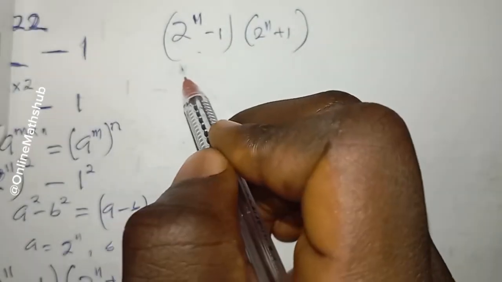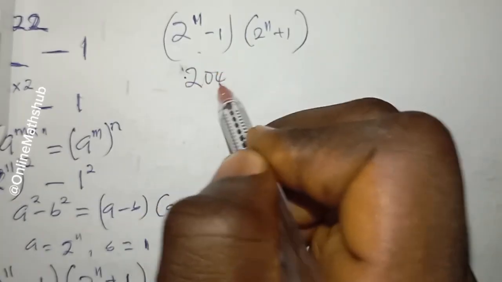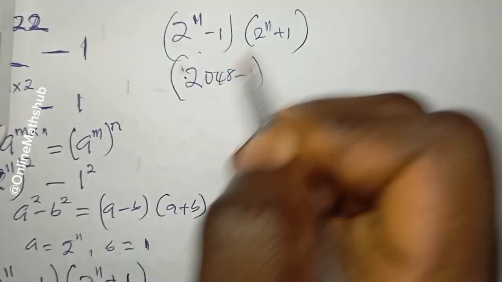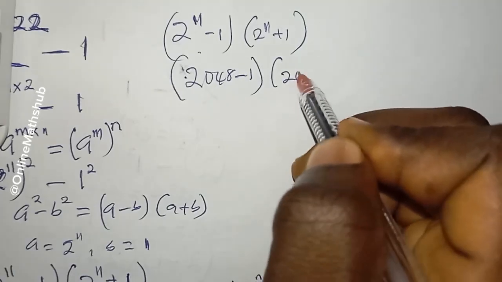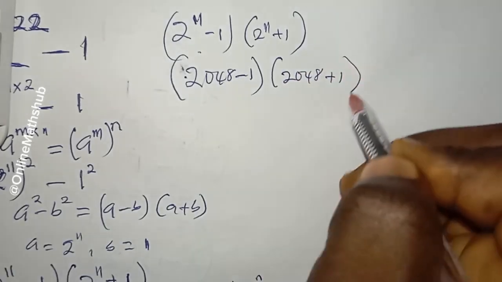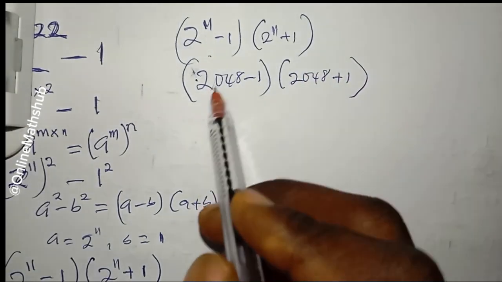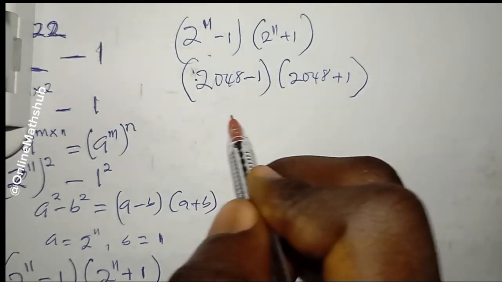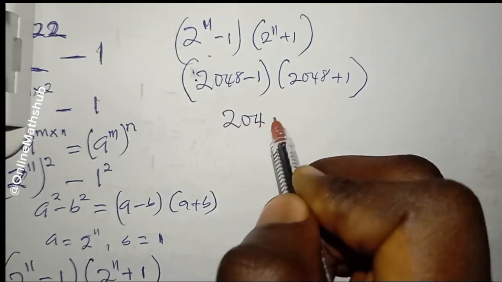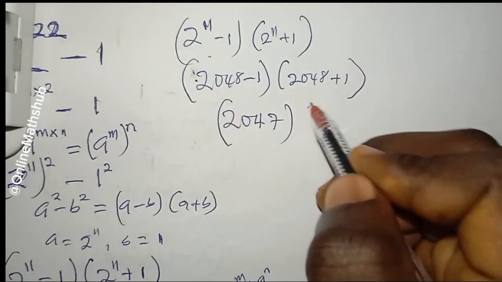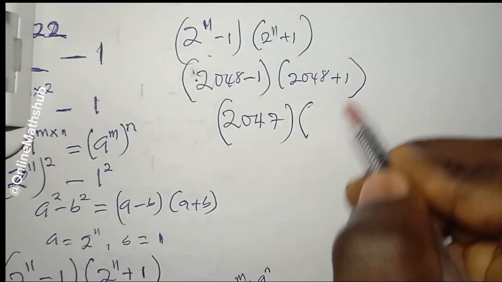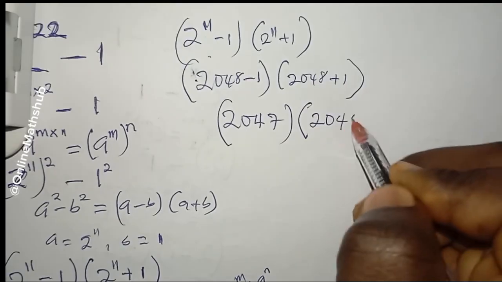So we've got 2 power 11 as 2048 minus 1 and then multiply by 2048 plus 1. 2048 minus 1 will give us 2047, and 2048 plus 1 will give us 2049.